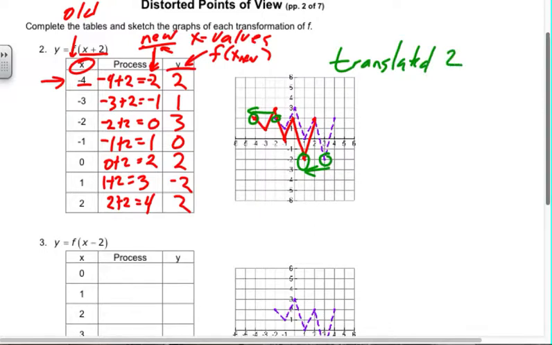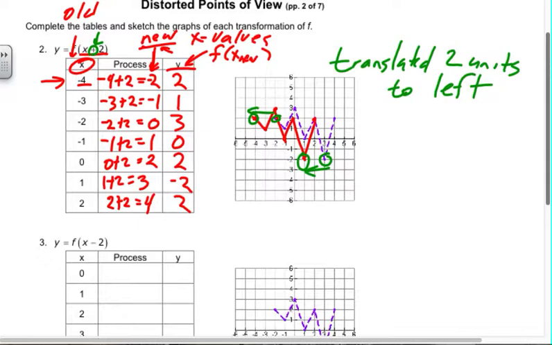And there's going to be sort of a general rule here. When you're adding inside, it's going to be in the x direction, which this one was, and it will be in the opposite direction from your sign.